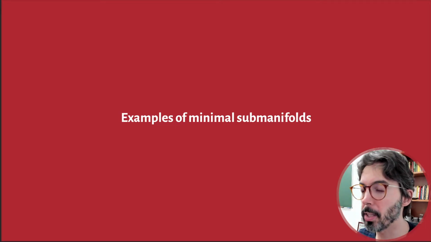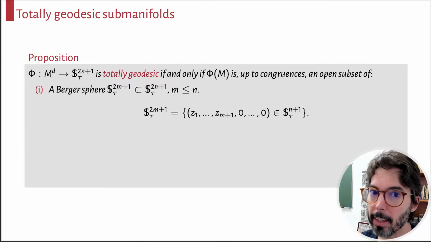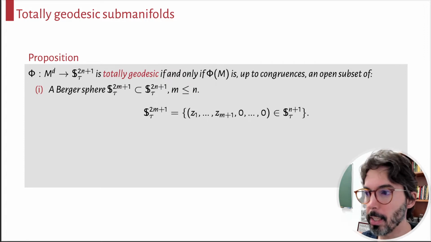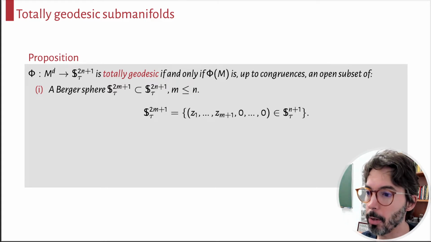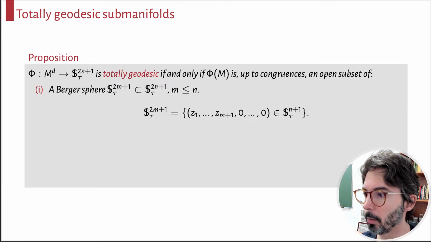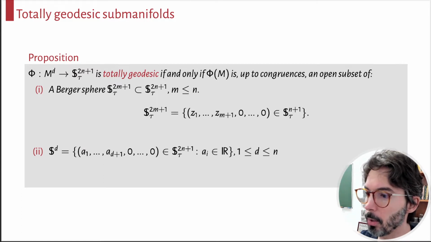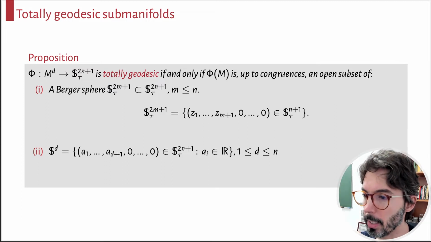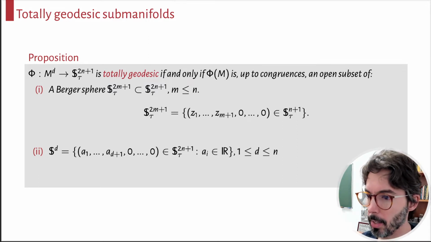First, we need to know which kinds of minimal submanifolds we have. So first we start by studying the simplest ones, which are the totally geodesic. If I take a totally geodesic immersion, then it is congruent either to a lower-dimensional Berger sphere inside the Berger sphere, which is given in this way, or a totally real submanifold, which is just taking the sphere of that dimension and immersing it in the Berger sphere by taking each of the coordinates as a real coordinate.